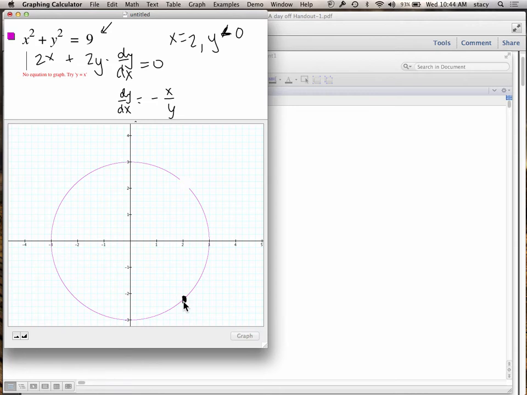So that ordered pair is 2 comma what? I'll do the easy part, negative. But we really don't do mental math, do we?